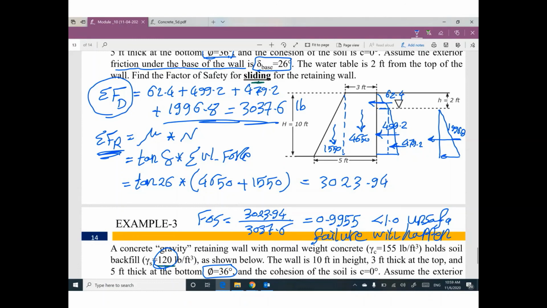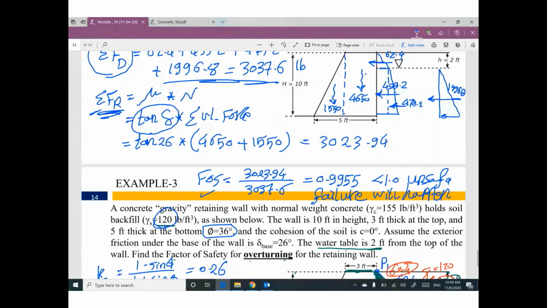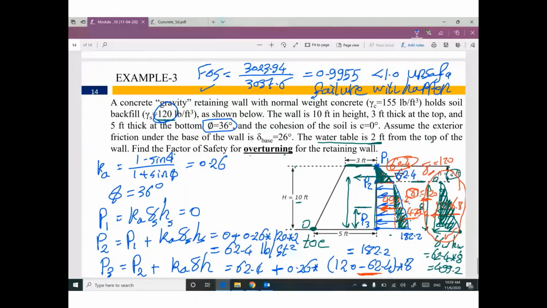The summation of all resisting force equals any vertical force times tan delta. Then the factor of safety can be figured out. So the key to checking against sliding or against overturning is how to draw the lateral pressure. So be careful about this point.